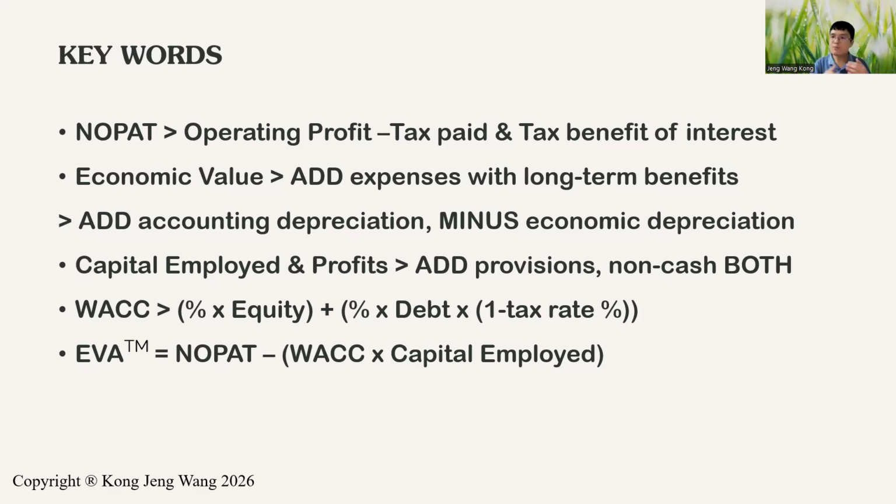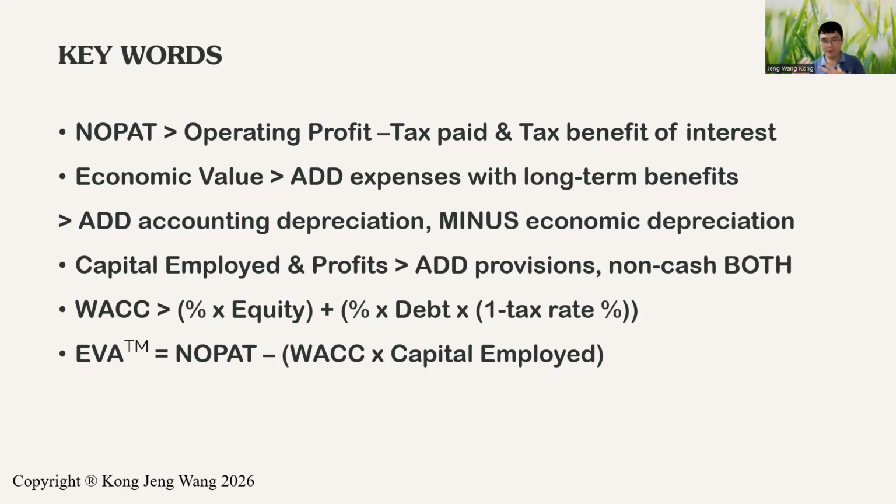The adjustment is made to show the directors how these expenses generate value for the company. So that's the reason the expenses need to be added back. Add accounting depreciation, minus economic depreciation. That is the rule of how it works.